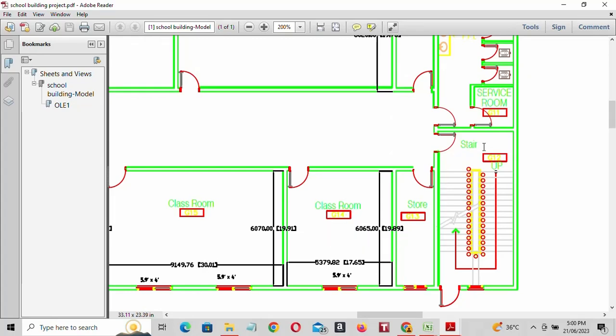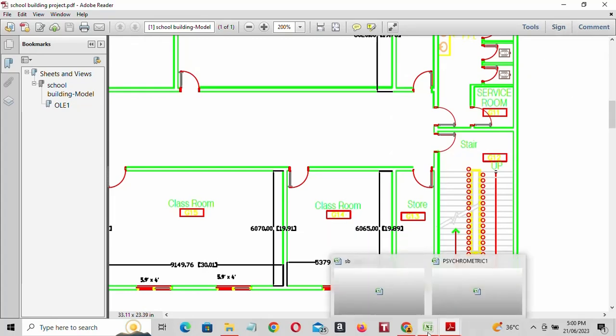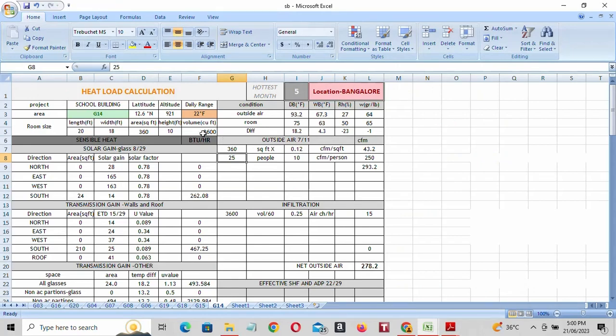Our G14 is classroom. Okay, so classroom, 25 people are there, and CFM per person and CFM per square feet we have to take from the data book.